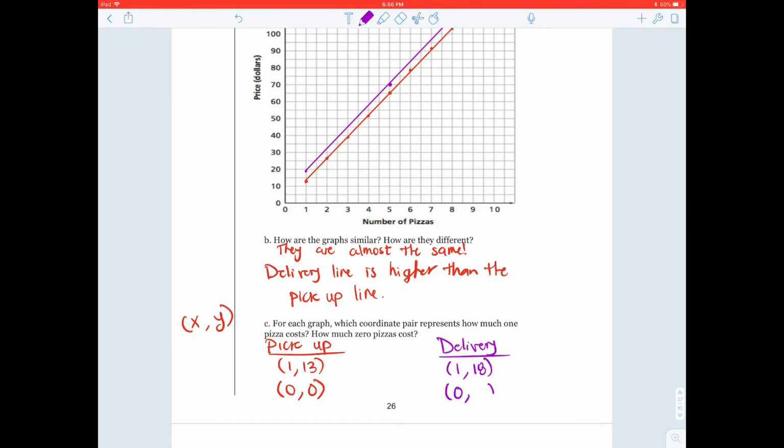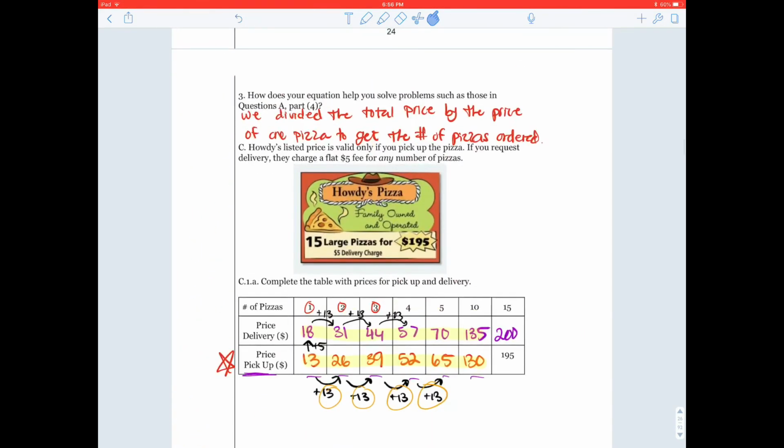What about for 0? If you said 0, I want to ask, well, remember on the ad, going back up to here, this ad right here, it says that they charge a flat fee for any number of pizzas.